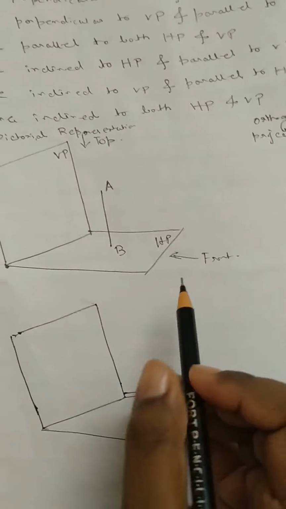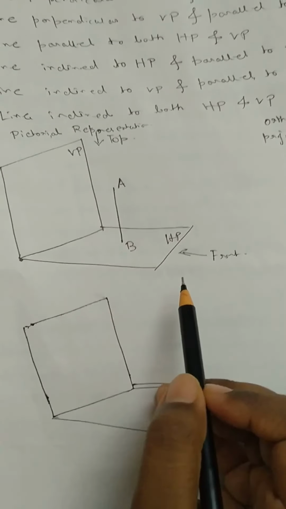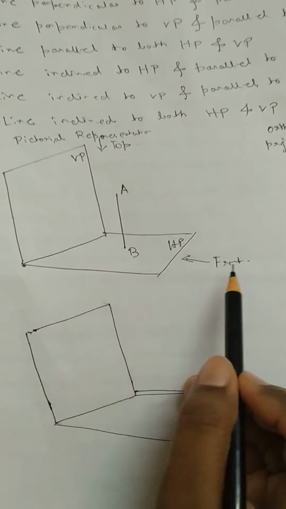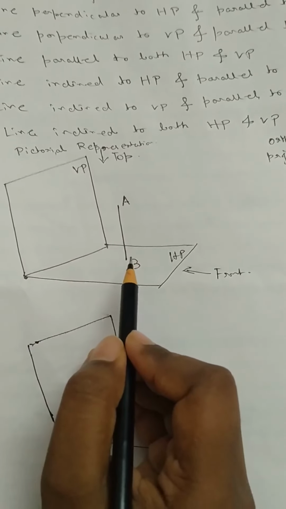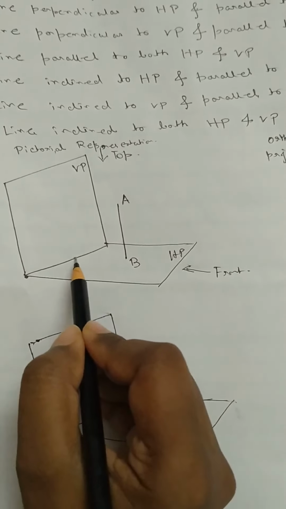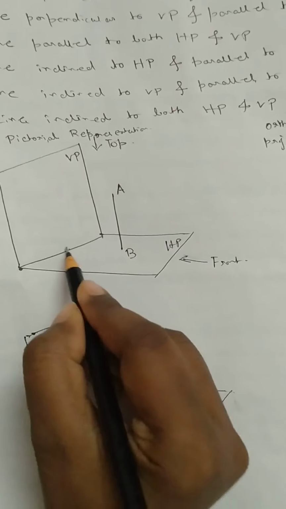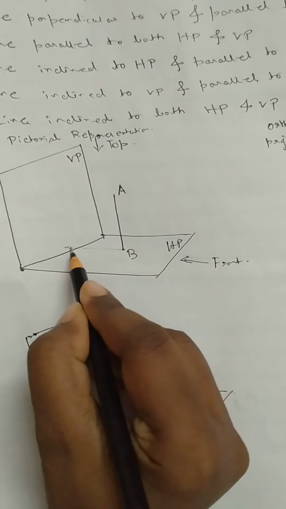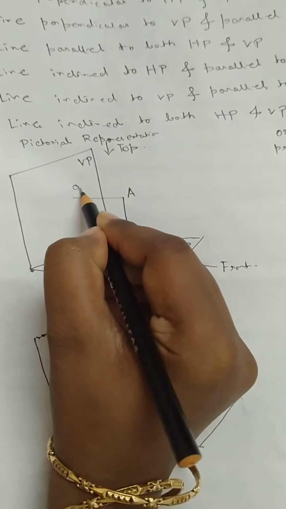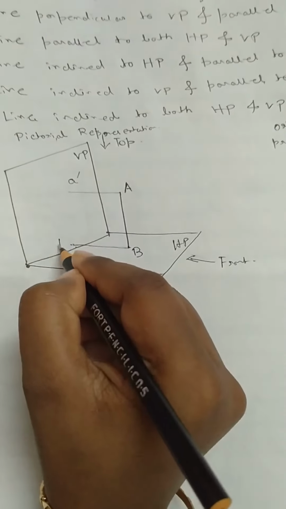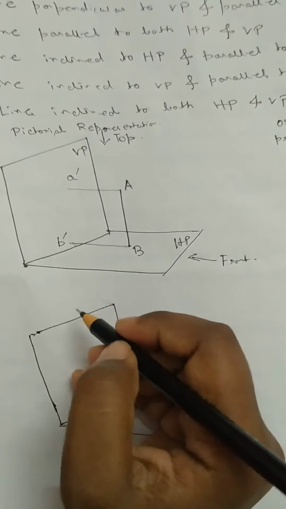So let's look from the front. So the line will be extended or projected on your VP plane. So this will be your A dash, this is your B dash.